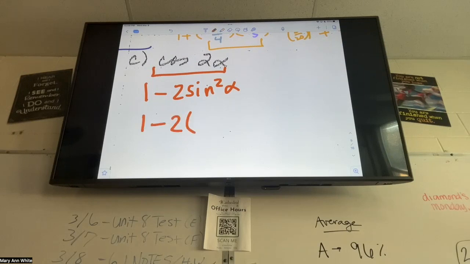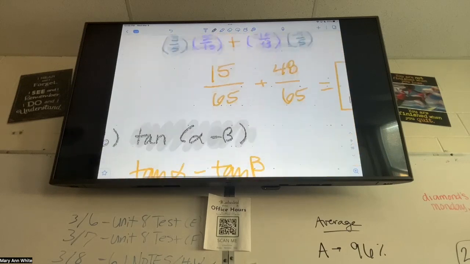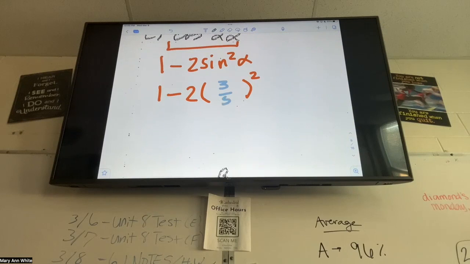So 1 minus 2 sine squared alpha, and sine alpha we had already said was, let me go look, 3 over 5. Don't forget that you have to square the sine alpha, and we have to multiply by 2. So you need all of those things in order to solve. Now we use just our normal PEMDAS. Square your fraction first. I've got 1 minus 2 times 9 over 25.